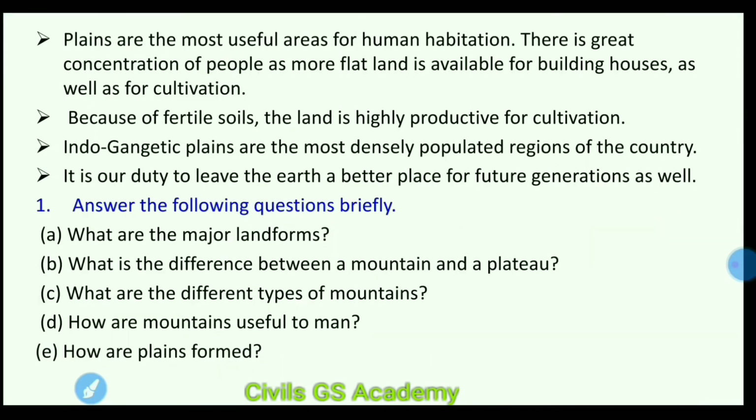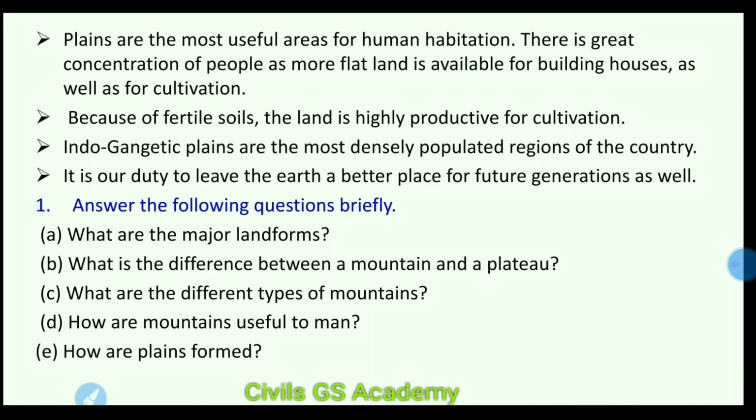Plains are the most useful areas for human habitation. There is a great concentration of people as more flat land is available for building houses as well as for cultivation. So why are plains thickly populated? Here the reason is given.